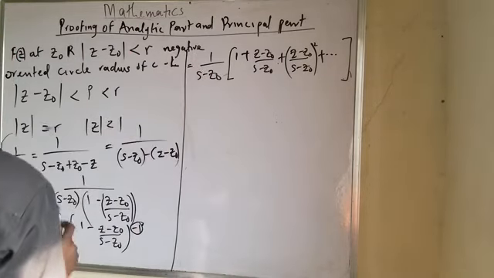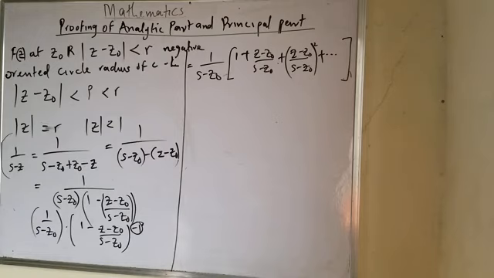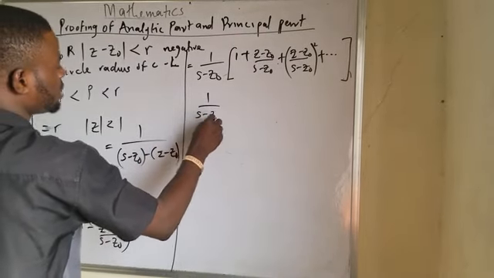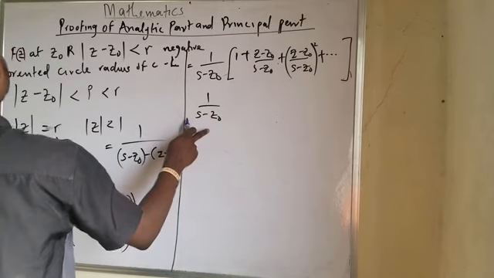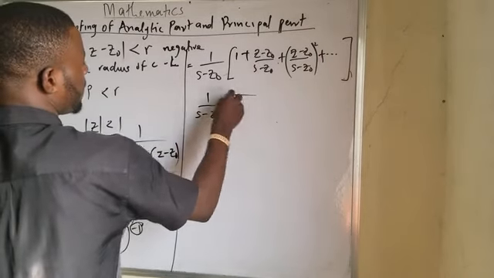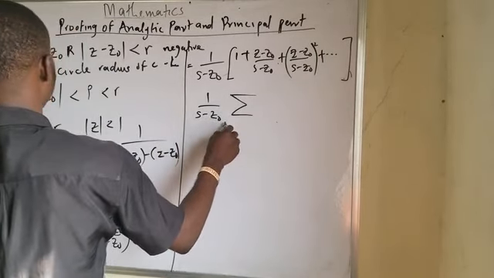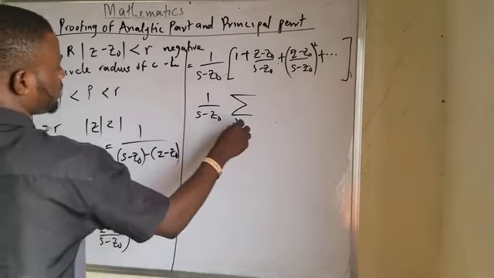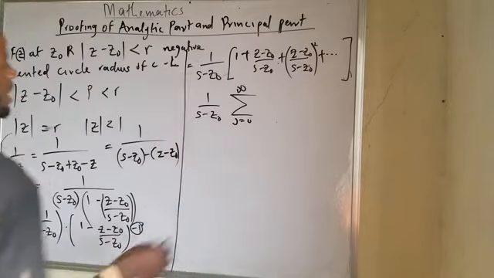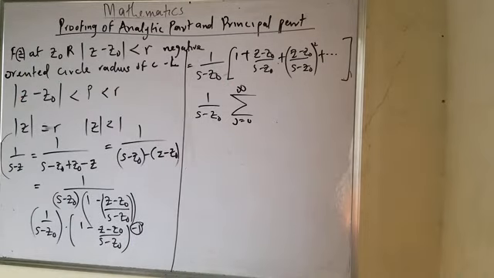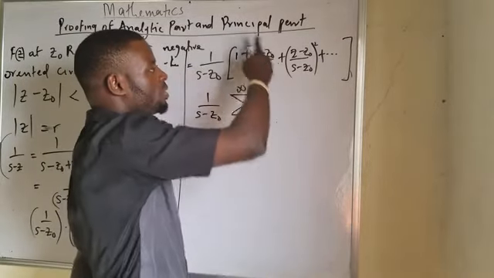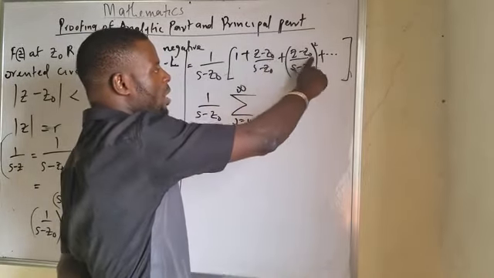Now, I can continue by having 1 all over z minus z naught, x minus z naught, of this, let me use j equals 0 to infinity. Now, I want to generate the form of what it means. When j is 0, the power is 1, and so on.